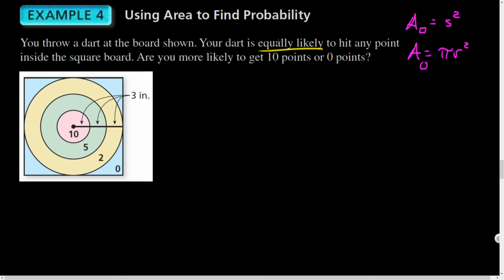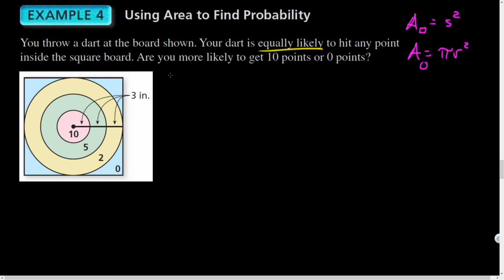Like if someone's throwing darts at the board, hopefully they have some skill, and hopefully they're more likely to get towards the middle than anywhere on the board. Also, if you're me throwing darts, you might throw it off the board, right? That's also a possibility. But we're pretending that the dart has an equal chance of landing anywhere inside the board. Are you more likely to get 10 points or 0 points?